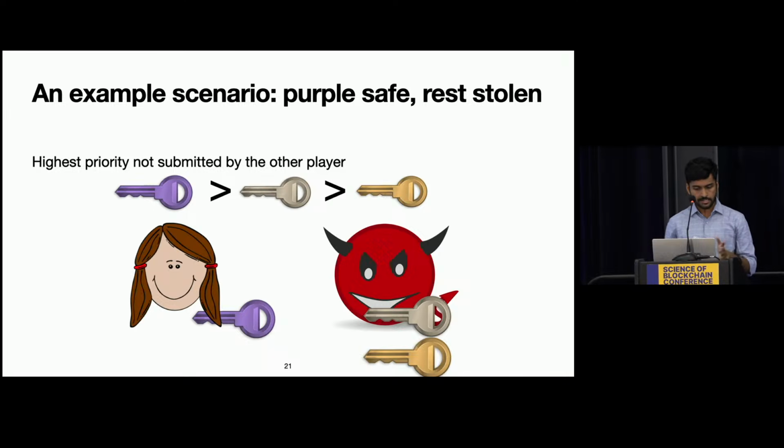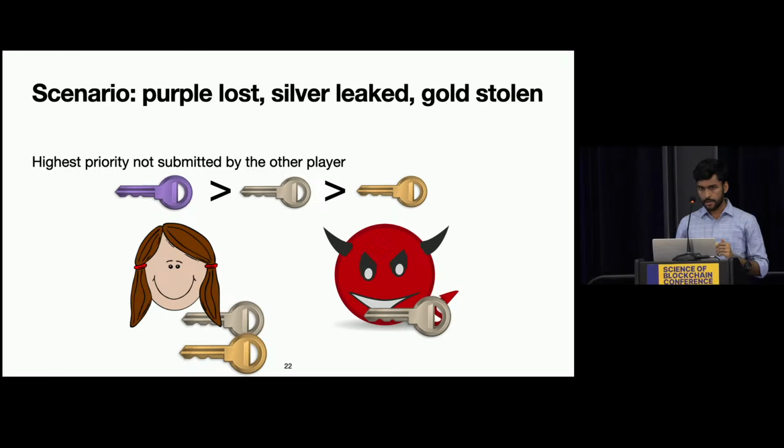In this case, the user is going to be marked as the winner because the highest priority credential that is not submitted by the other player is the purple one, which the user holds. Whereas if the user submits these 2 credentials and the attacker submits just the silver credential, again, the user is marked as the winner because the silver credential gets canceled out and the gold credential leads to a win for the user.